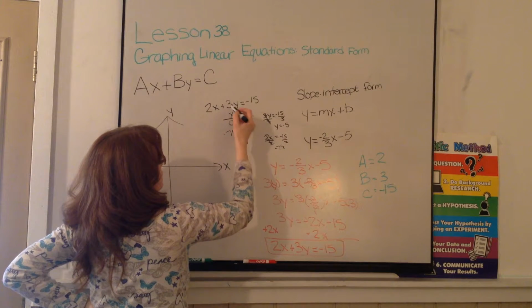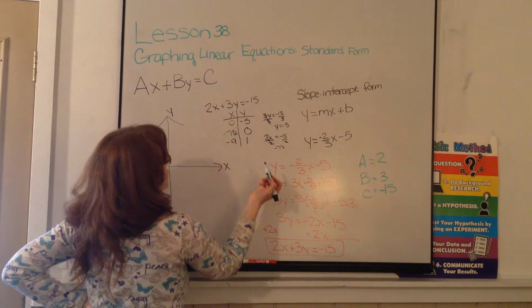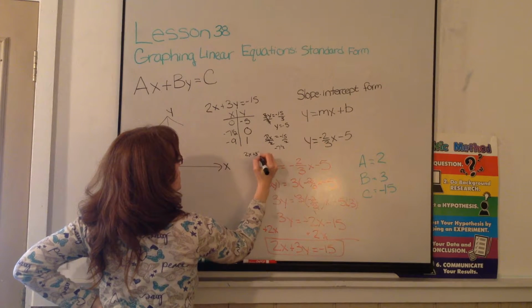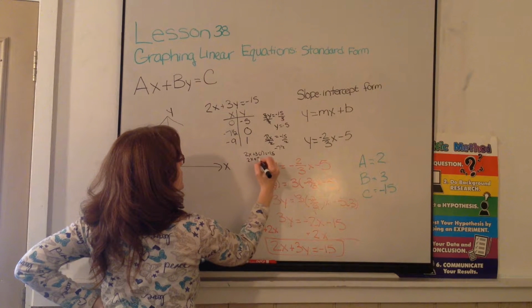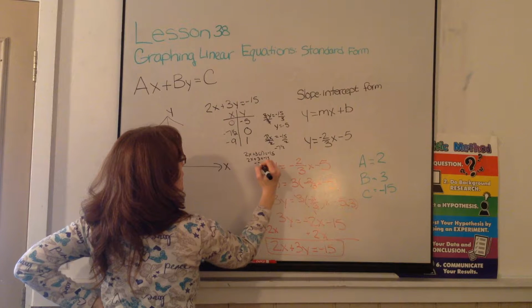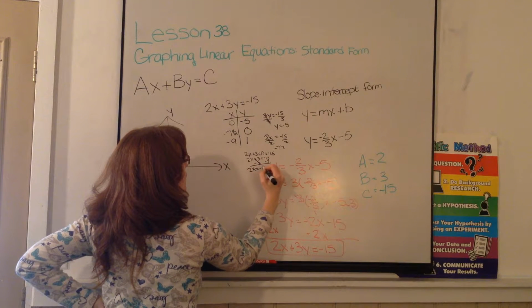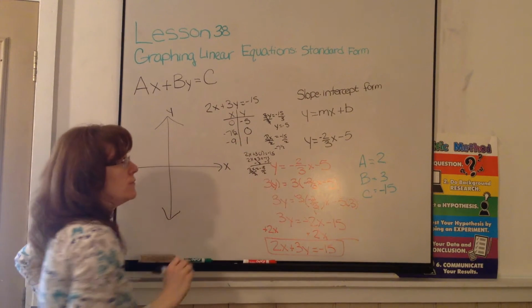So if I did 2x plus 3 times 1 equals negative 15, 2x plus 3 equals negative 15, subtract 3 from both sides, 2x equals negative 18, divide both sides by 2 and I get negative 9.